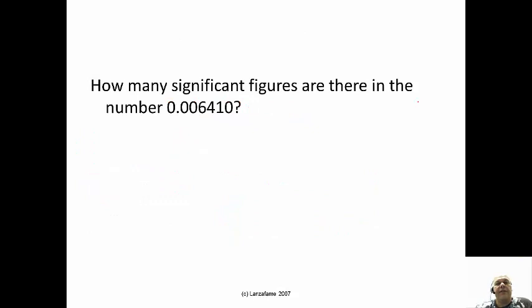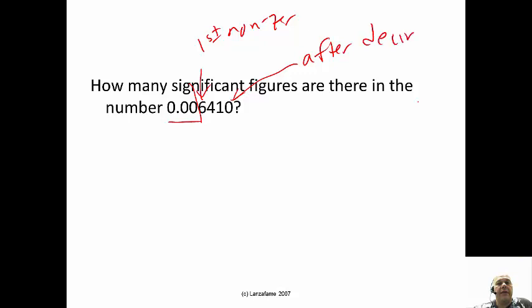How many significant figures in this number? Again, I ignore zeros to the left. The first non-zero digit is the 6. The final 0 is after the decimal position, so it's automatically significant.